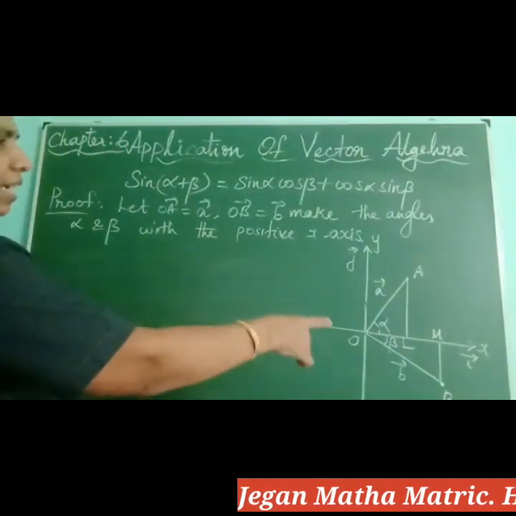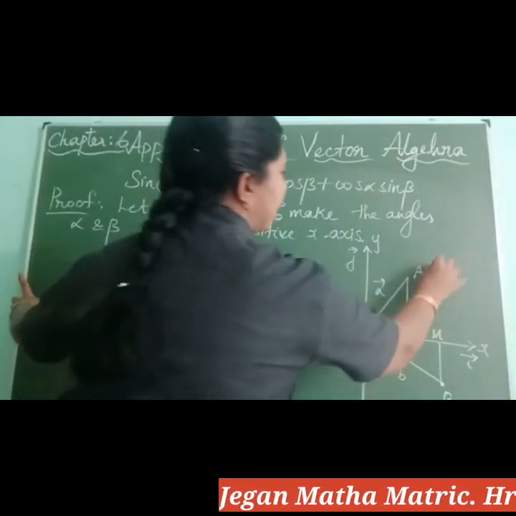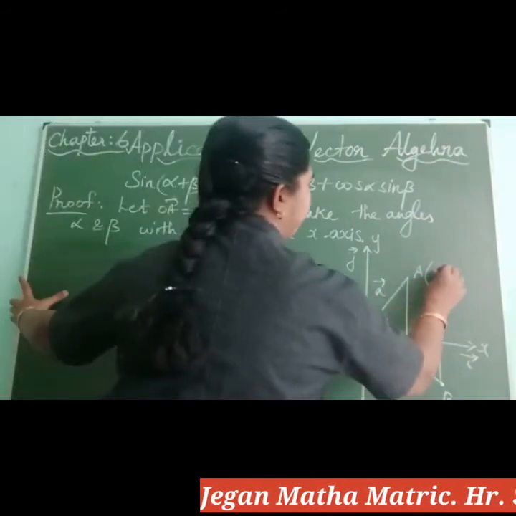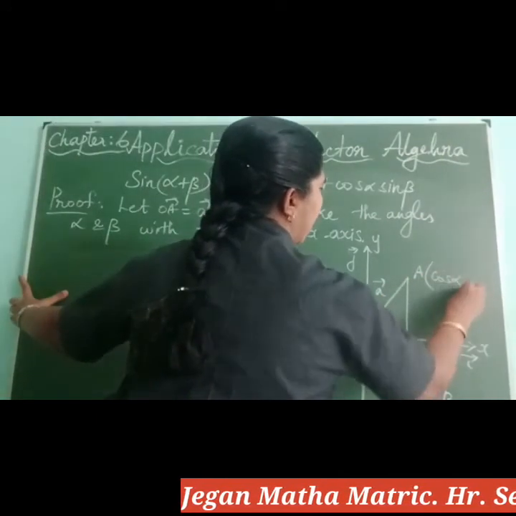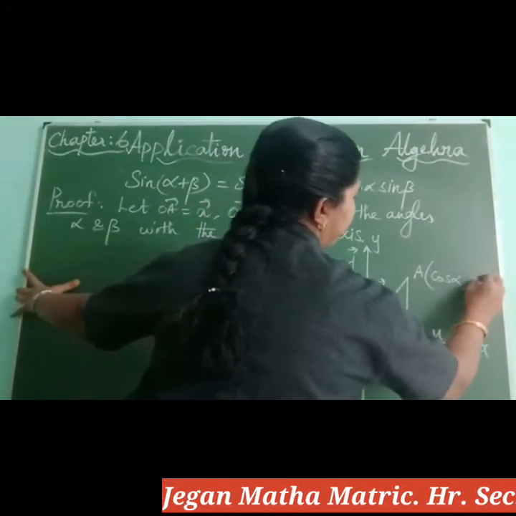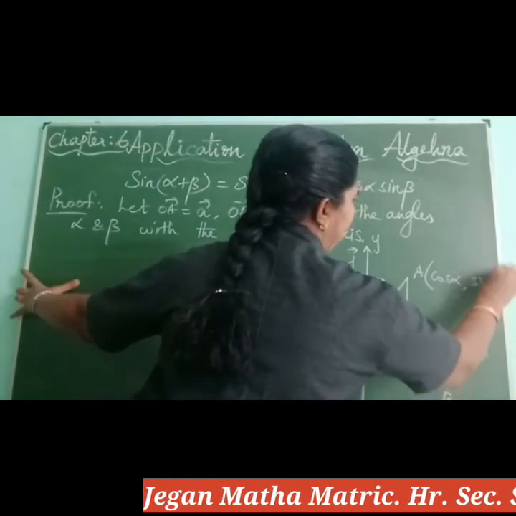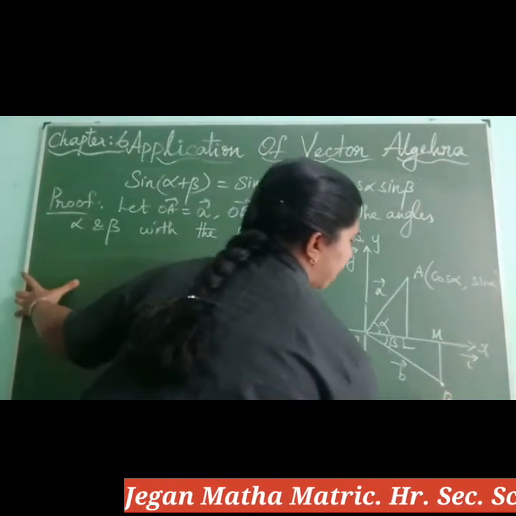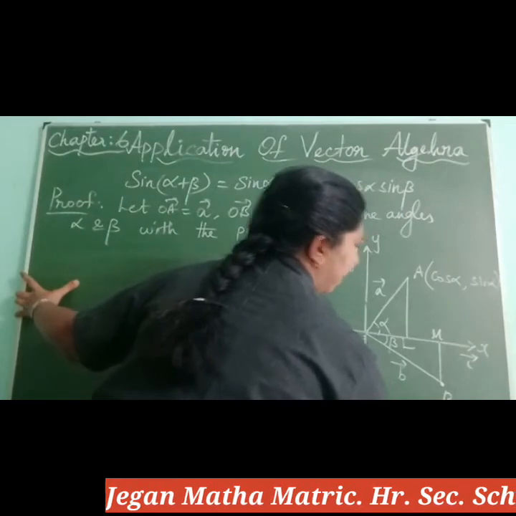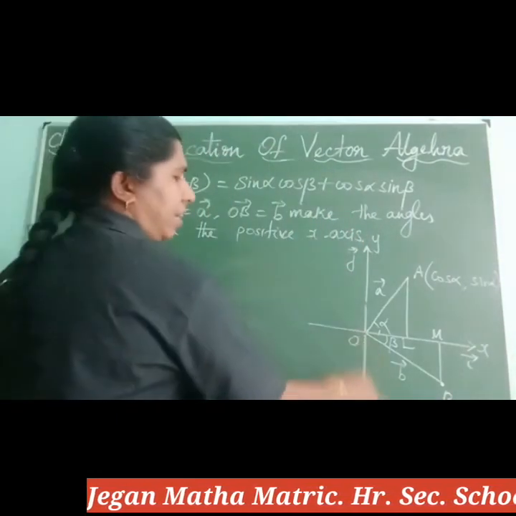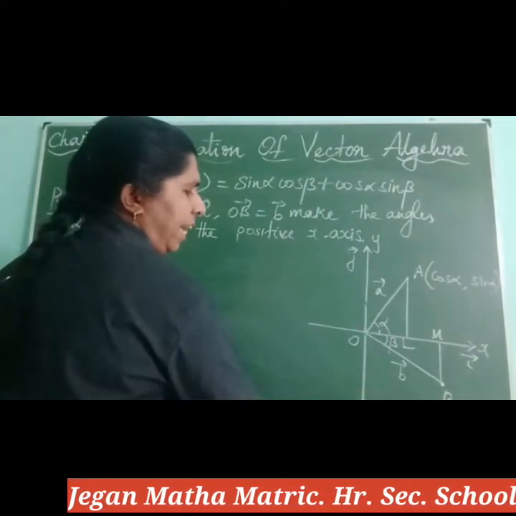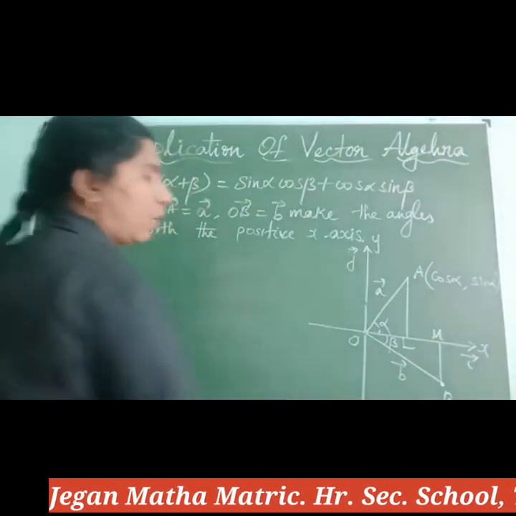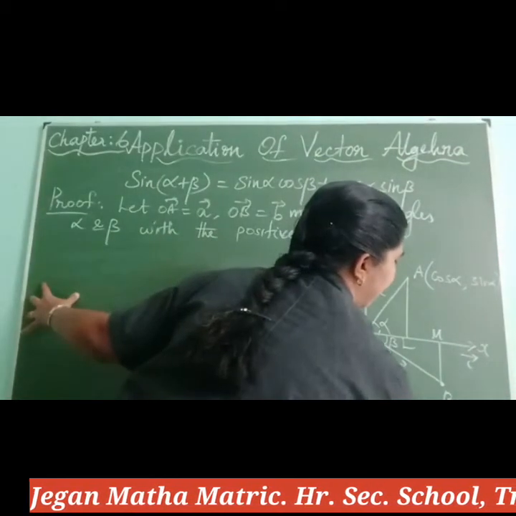So when we take the points like this, the coordinates of A are cos alpha, sin alpha, and the coordinates of B are cos beta, and the y-coordinate is negative in the fourth quadrant, so minus sin beta.